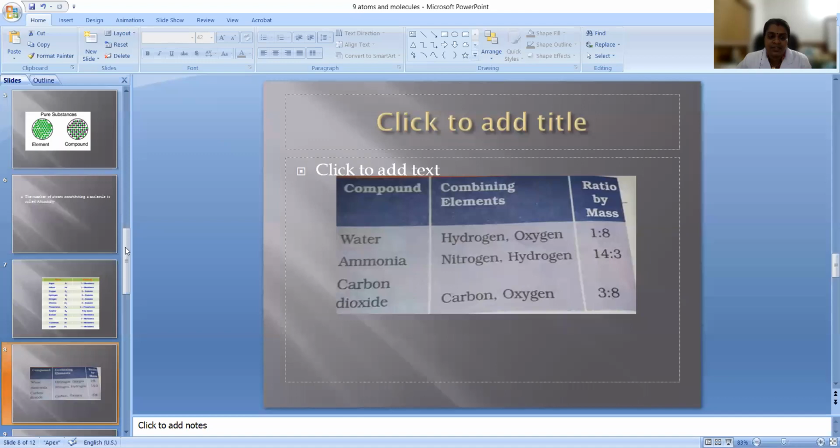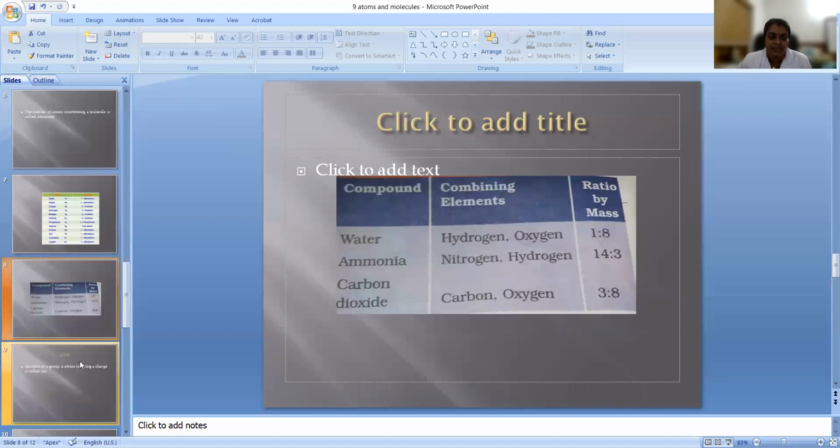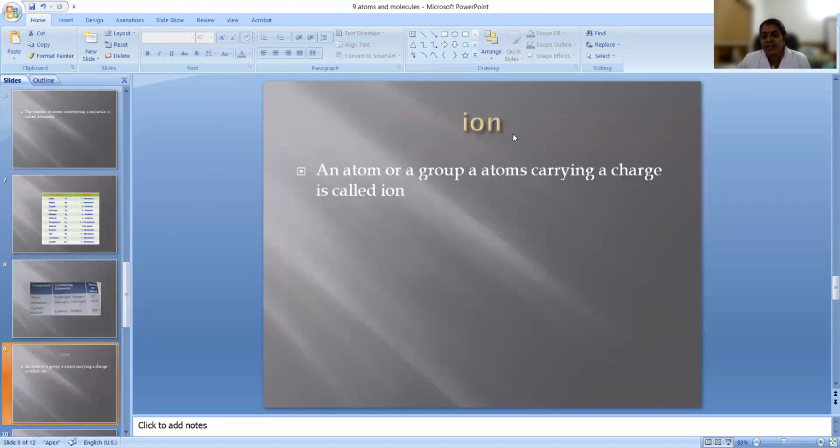Now next, let's see. That is an ion. What do you indicate by an ion? An ion is a group of atoms or an atom carrying a charge.